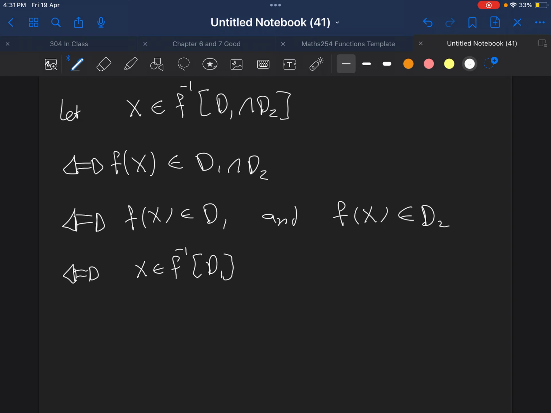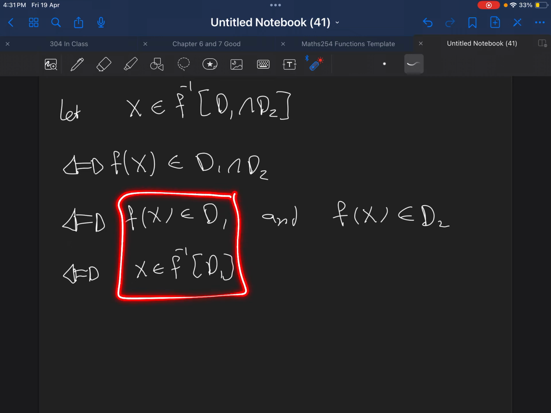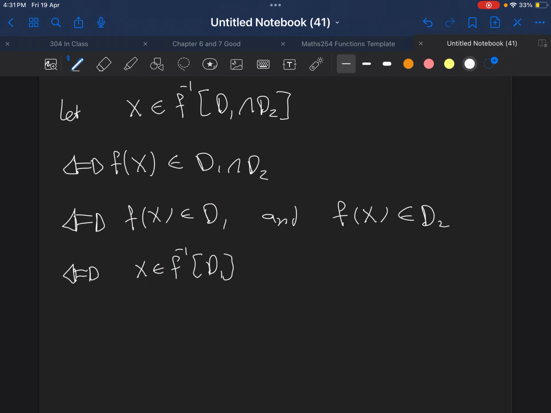If we look only at this part, those are the same. X is in the inverse image, it means if we take f to the other side, f of x, we get it in d1. And x is in f inverse of d2.